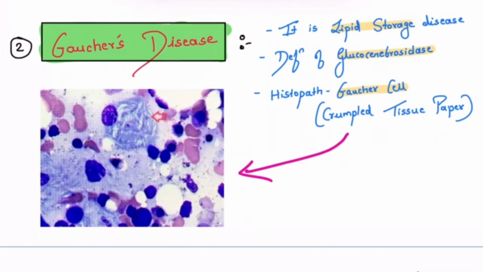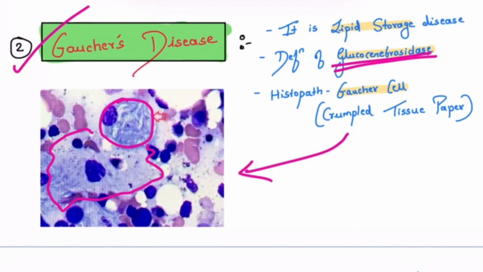In this slide you can see this crumpled tissue paper like appearance. It is very easy to understand in your exam. They will give it in the form of MCQ or image based MCQ, or they can give the deficiency of glucocerebrosidase enzyme, and you have to answer Gaucher's disease.